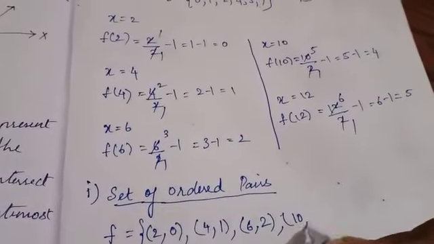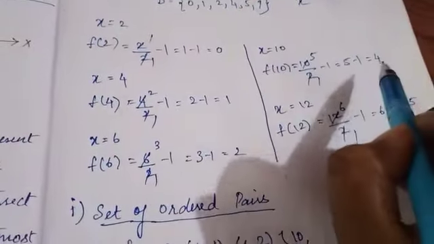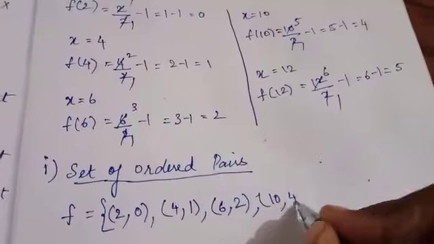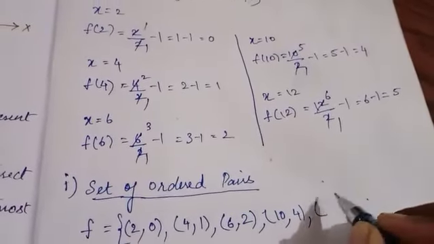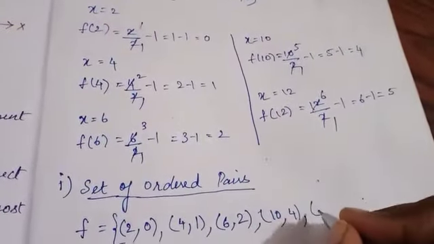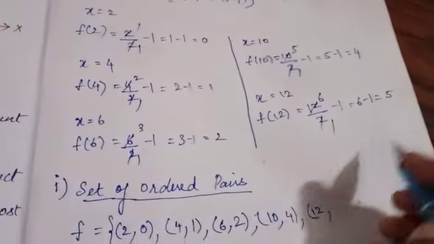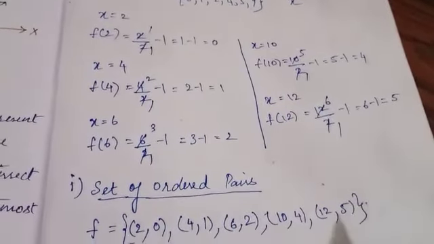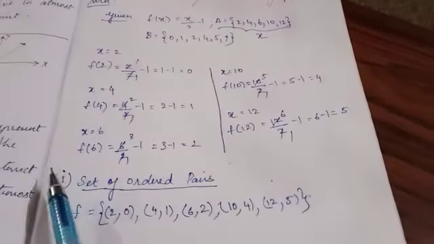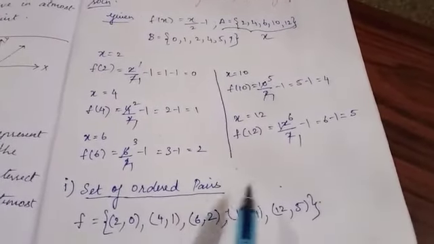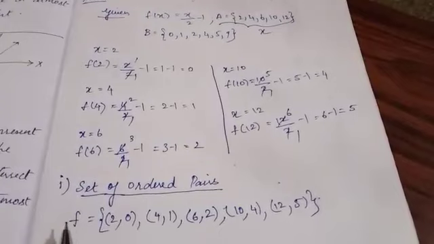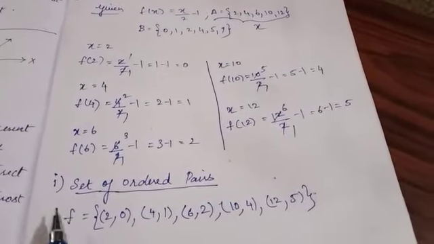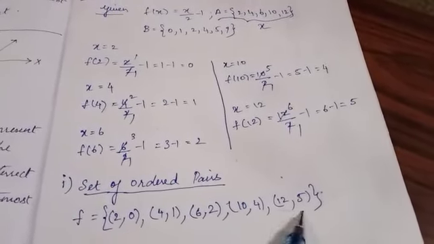Next, when our x is 10, our f of x is 4. When our x is 12, f of x is 5. So we have completed the first subdivision, set of ordered pairs. A set of ordered pairs is nothing but writing the function in ordered pairs.